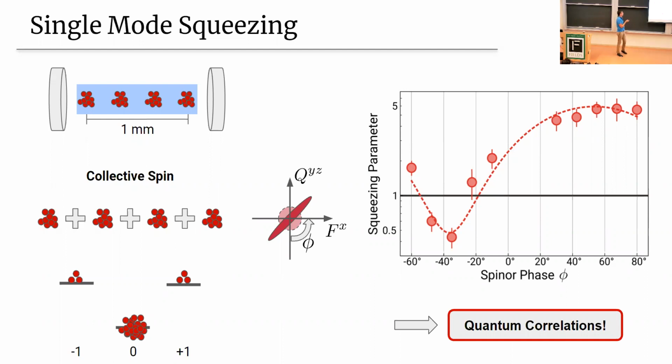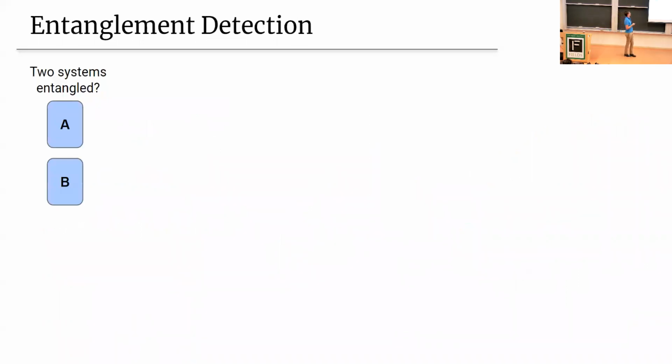So now we actually want to say, where is the entanglement? There is just this bunch of atoms which we have averaged all together. What is entangled in this system? For an experimentalist, the easiest way to detect entanglement is via this recipe.